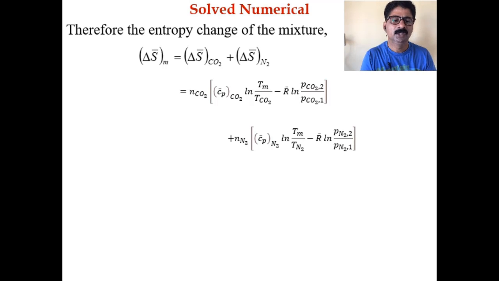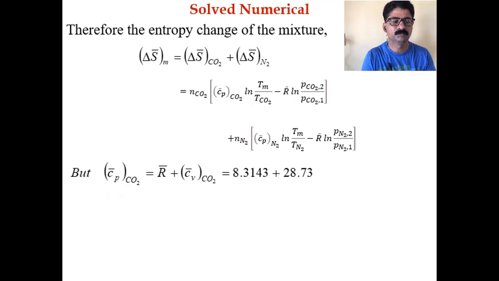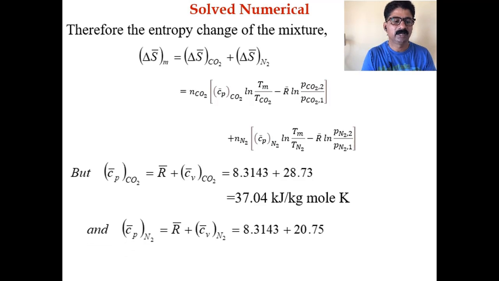So here, before you make the substitution, better you calculate Cp bar of CO2 using the formula R bar plus Cv bar CO2, and you get it as 37.04 kilojoules per kg mole Kelvin, and Cp bar N2 is R bar plus Cv bar N2, which on substitution you get as 29.064 kilojoules per kg mole Kelvin.